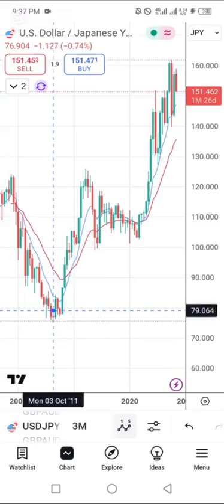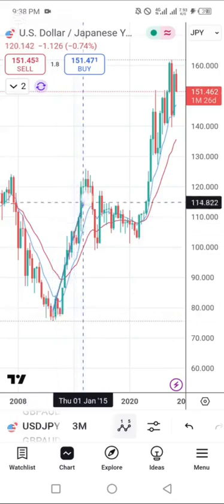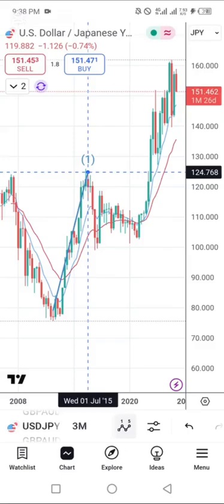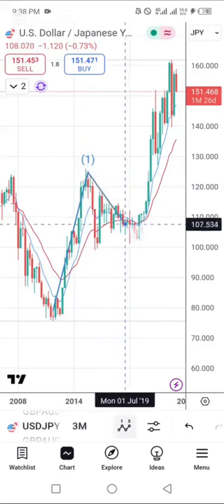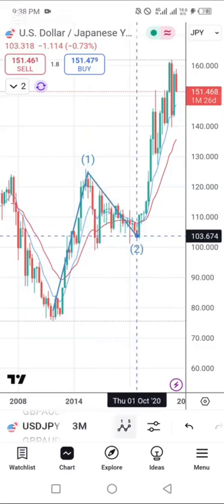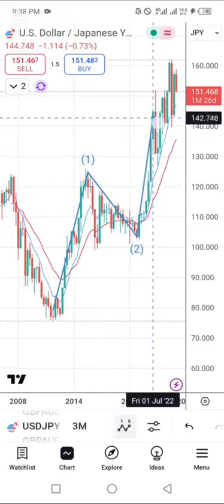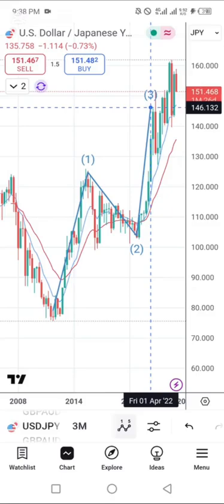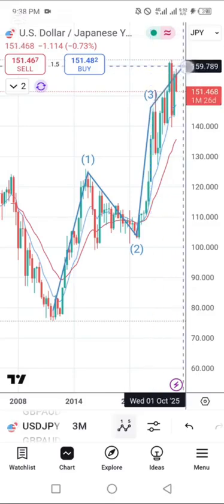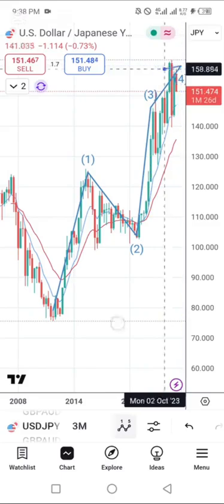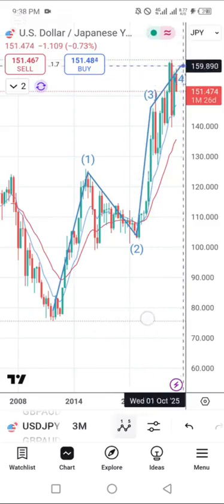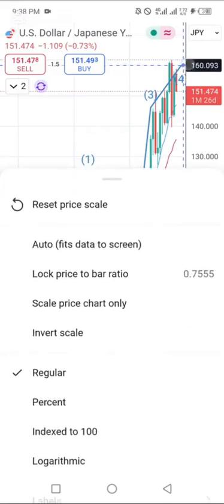Okay, let's see if this is 1, 2, 3, 4. You can see we are in wave 4 actually.